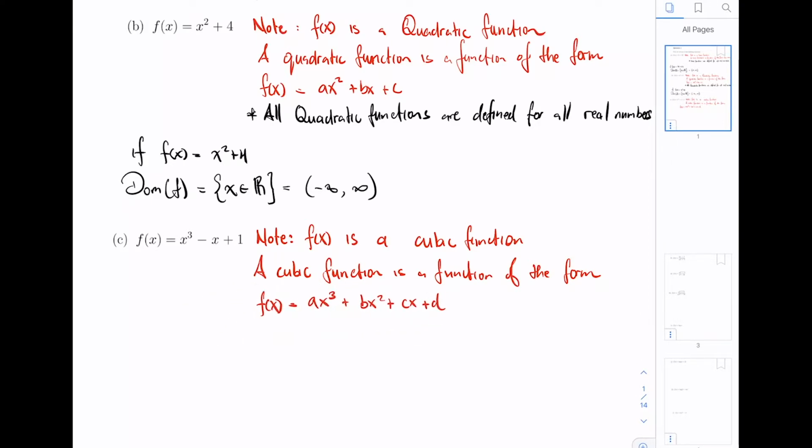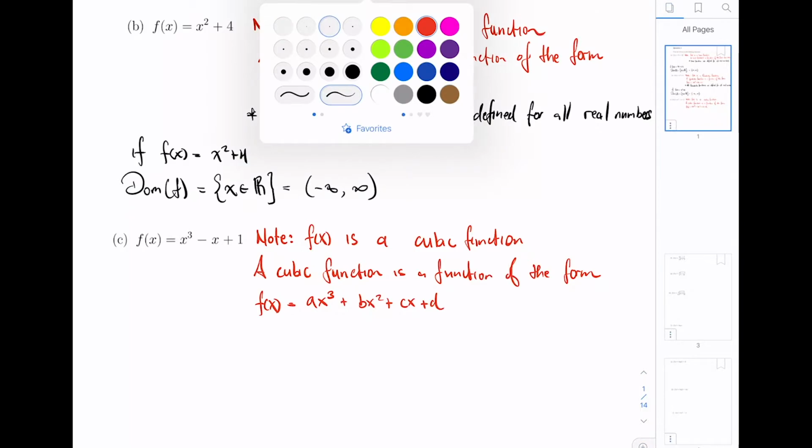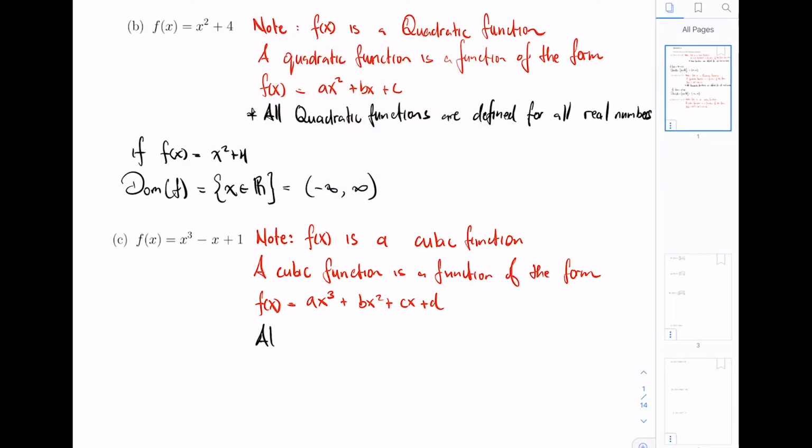Okay, and likewise, we'll say that all cubic functions are defined for all real numbers.